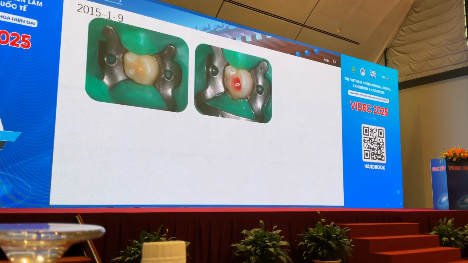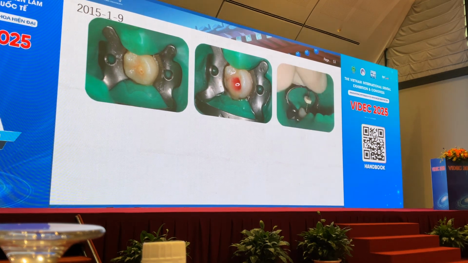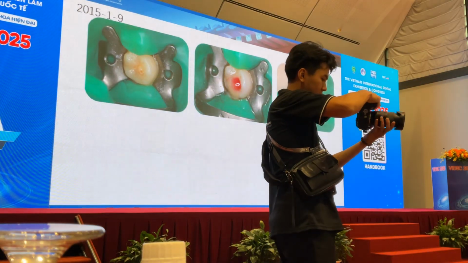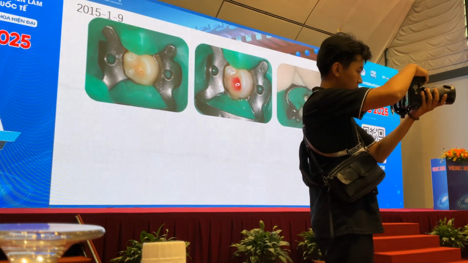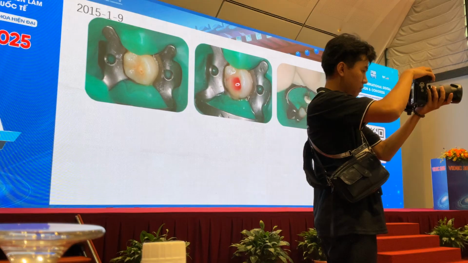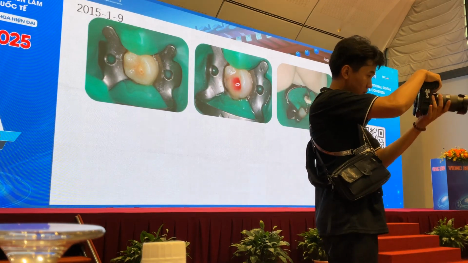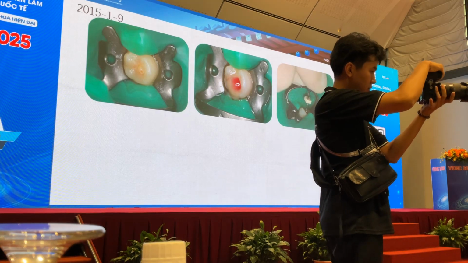After irrigation, we explore the canal gently with a file. Actually, we use a lot of exploration. Even the microscope is available in our clinic now, but the most often used way is still exploration.